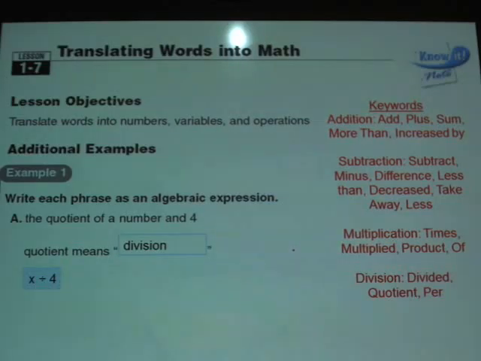So as you can see, when we mean addition, you might see the words add, or plus, or sum, or more than, or increased by. Subtraction will make its presence felt by using the words subtract, minus, difference, less than, decreased, take away, or less.